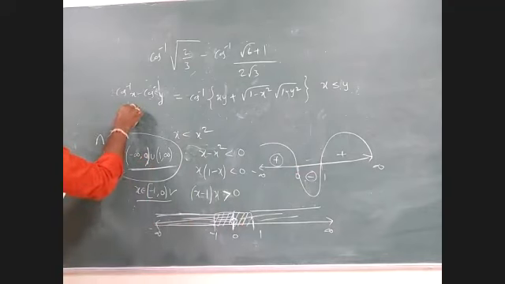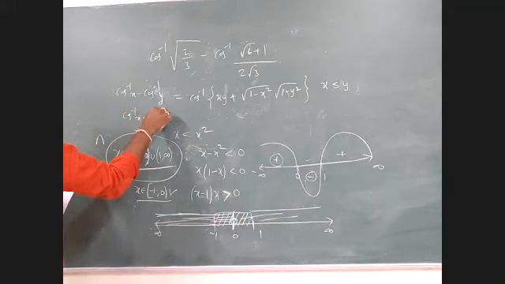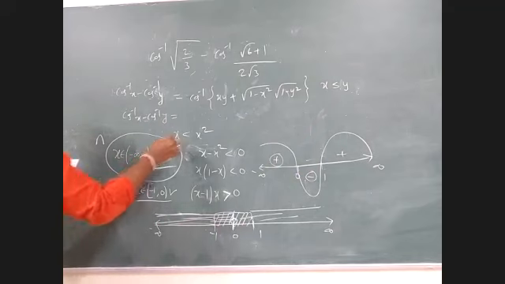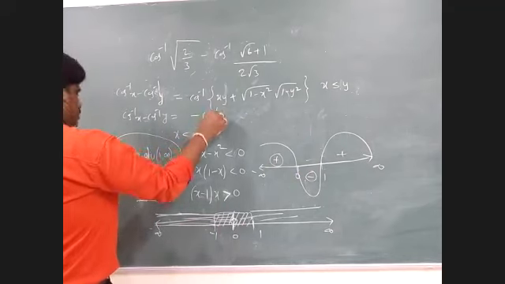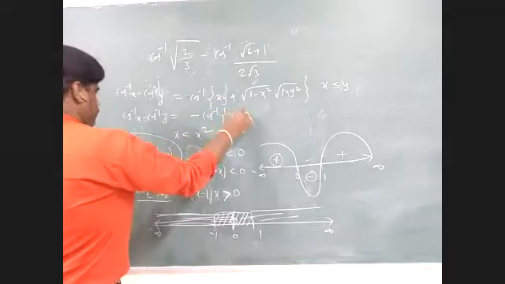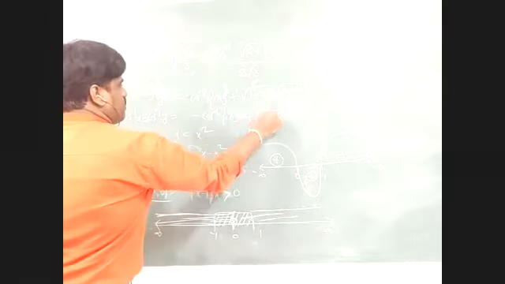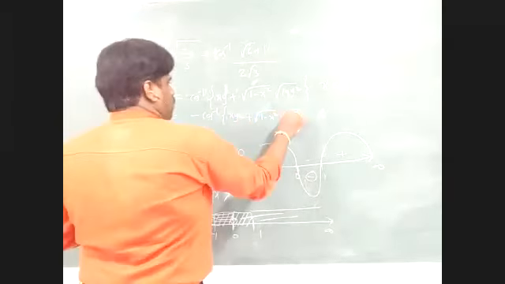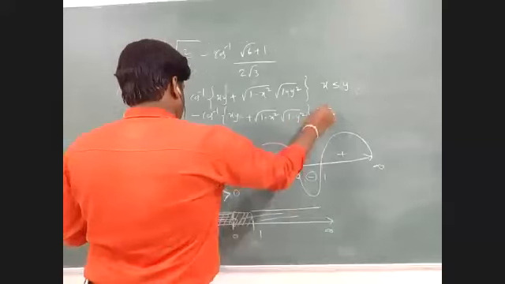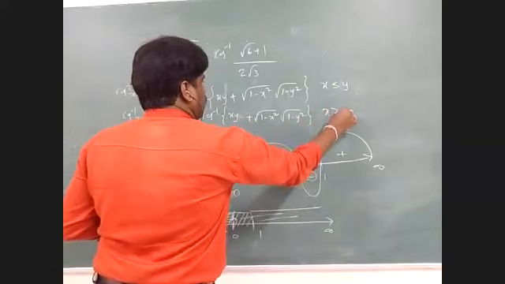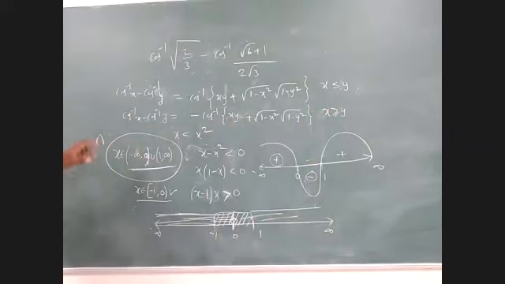Another formula is cos inverse x minus cos inverse y equals minus cos inverse of xy plus under root of 1 minus x square under root of 1 minus y square when x, y are greater than or equal to 1. These are the two formulas. So you choose which formula is correct for this, and find the answer.